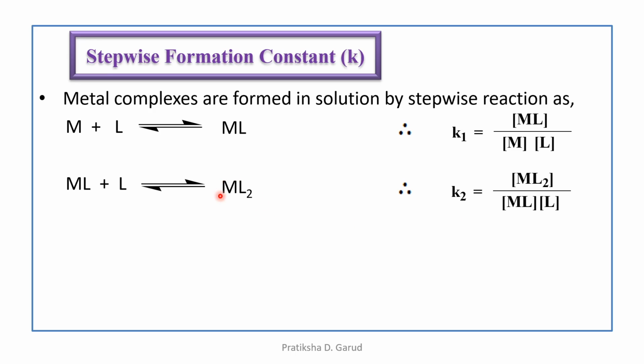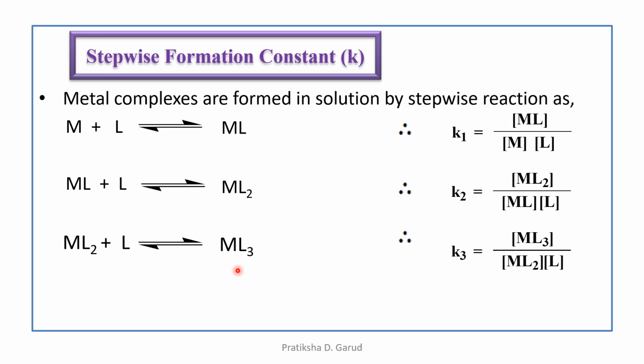Now to this product ML2 we add one more ligand molecule, so it becomes ML2 plus L. The product becomes ML3, and therefore the constant is K3, and K3 equals the concentration of the product, ML3, divided by the concentration of the reactants, ML2 into L, right?